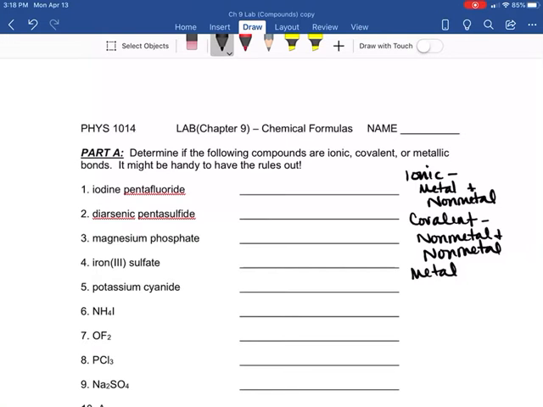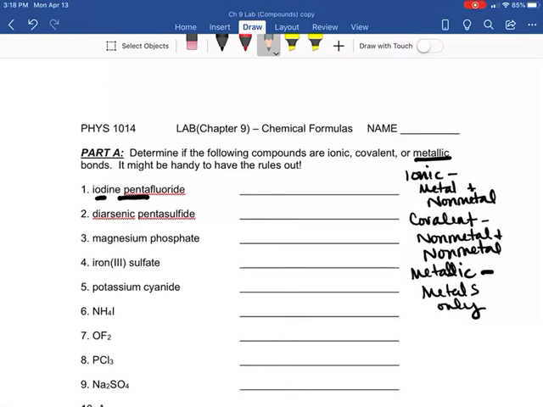And then metallic, I feel like there's 2 L's. Yep, there it is right there. Metallic is metals only. Okay, so for the first one, see how it says iodine pentafluoride? See this penta right here?